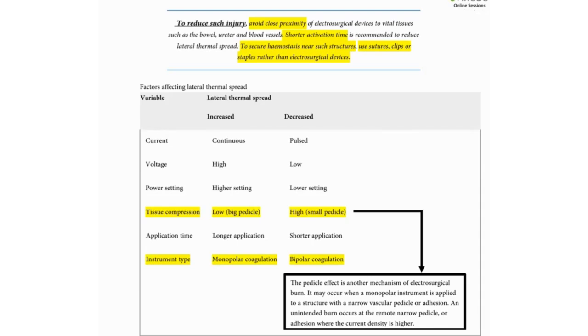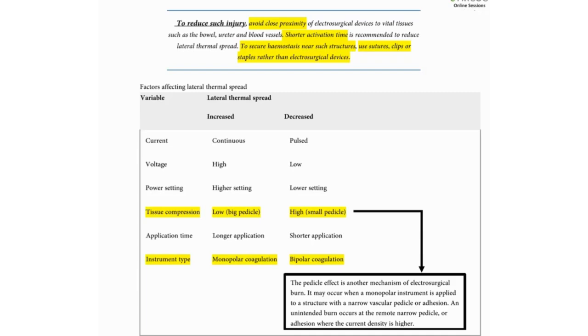If you are applying monopolar diathermy, for example, to a vascular pedicle, and this vascular pedicle is narrow, the lateral thermal spread is going to be high.